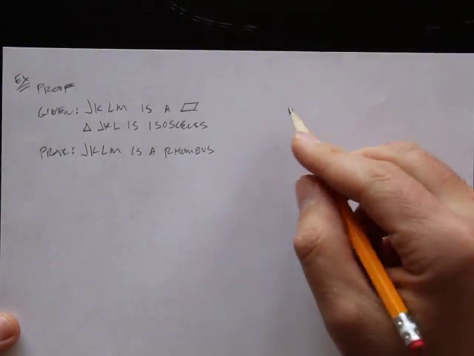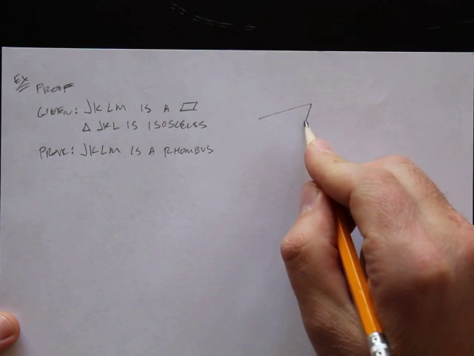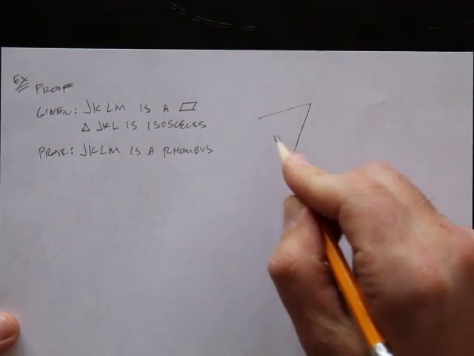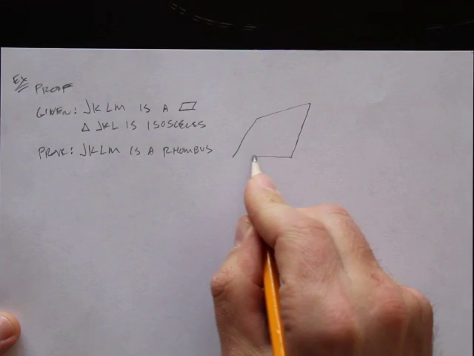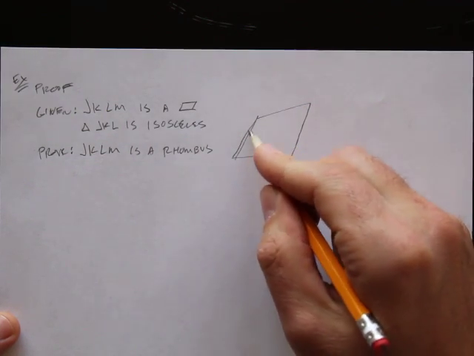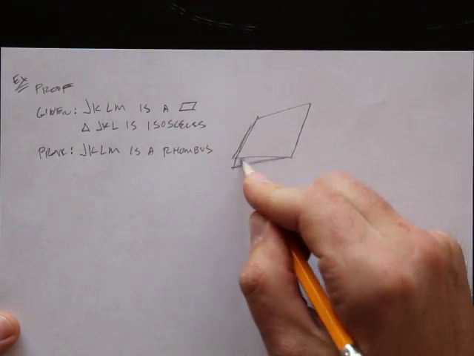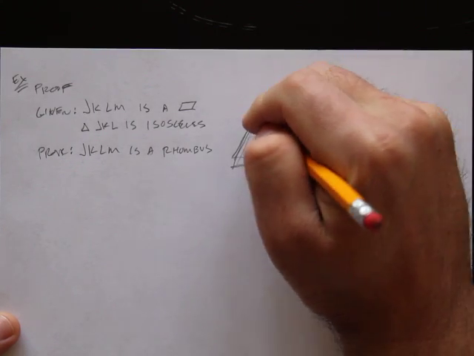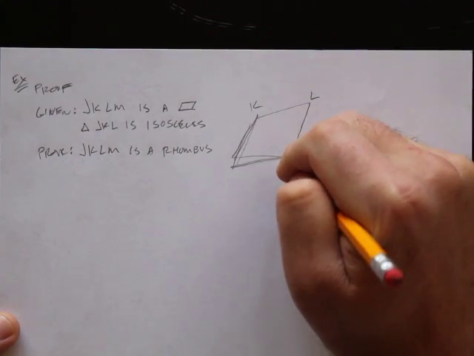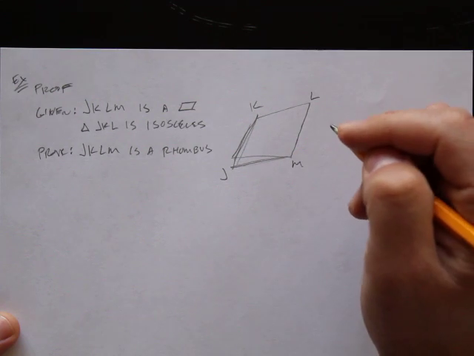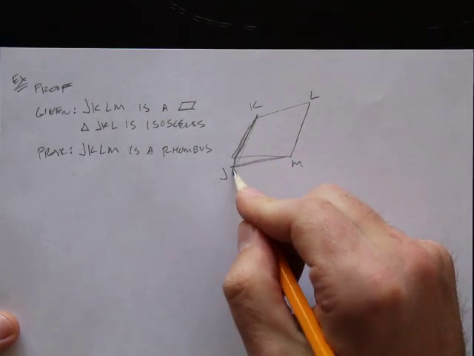So let's draw the diagram. Oof, that is not an awesome rhombus. Okay. So KLMJ. There we go. Okay.